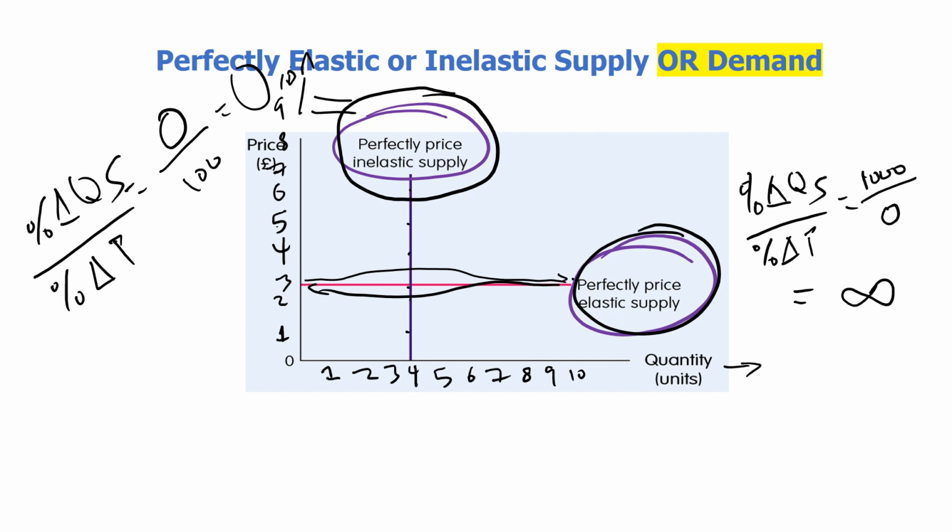Everything else lies between. So maybe you have something like that for unit elasticity, something more towards the vertical for inelastic supply, and then something more towards the horizontal for elastic supply.